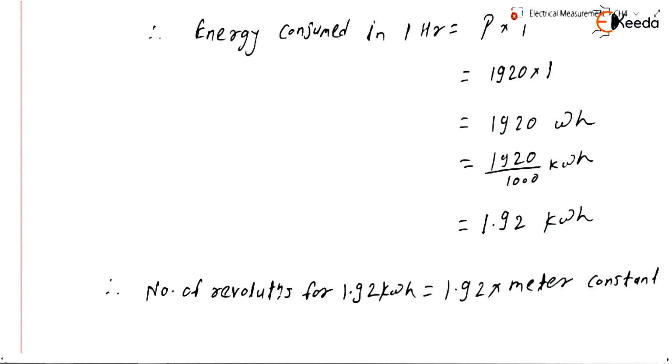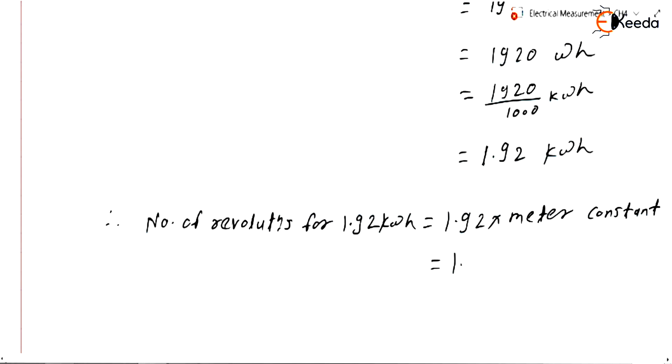What is meter constant? It is 400, so it is equal to 1.92 into 400, which is 768. So corresponding to 1 hour, the meter is completing 768 revolutions.